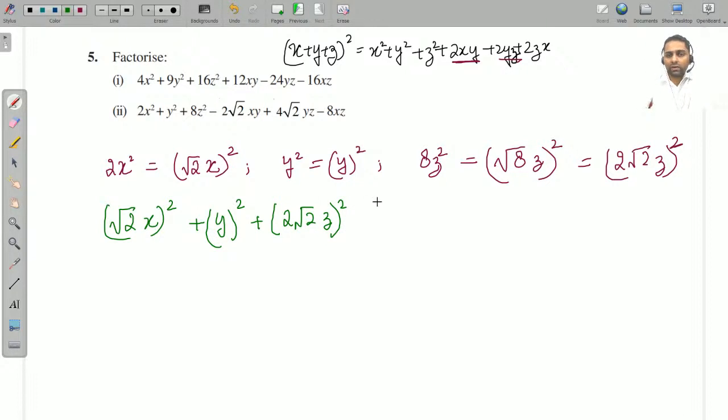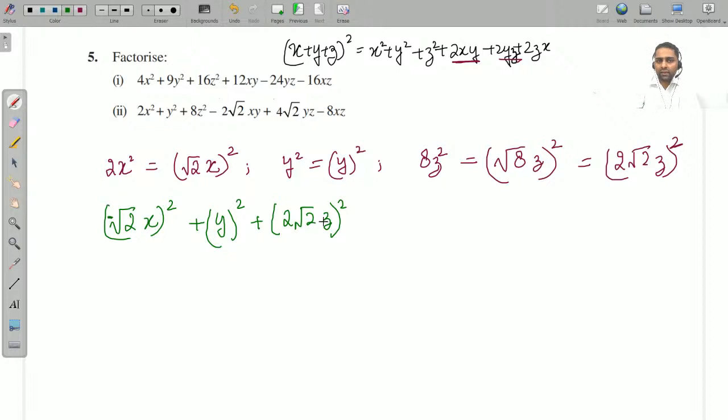Now again, there is an issue of the negative sign over here, so we have to check it as well. These two terms have a negative sign. In these two terms, which variable is common? You'll see variable x is common in both of these terms.